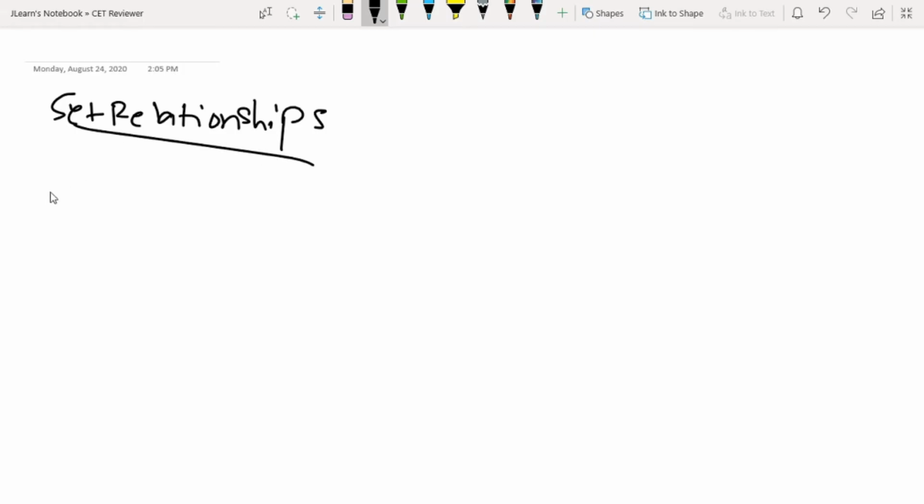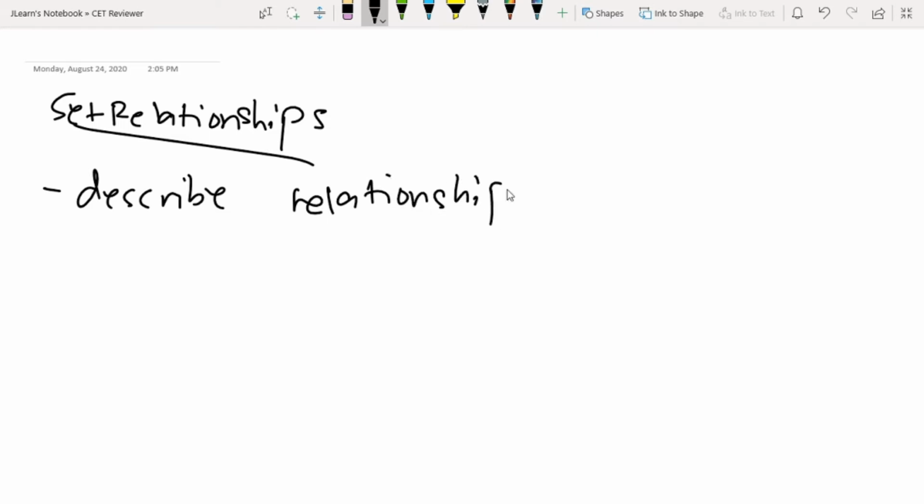Okay, so set relationships. Basically, it just describes the relationship of two sets, or two or more sets. So, first is equivalent.